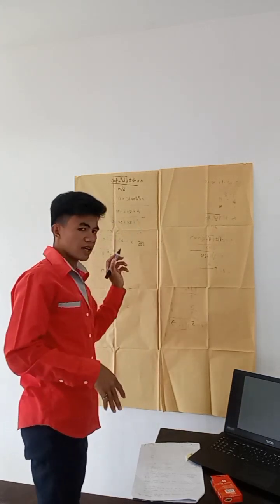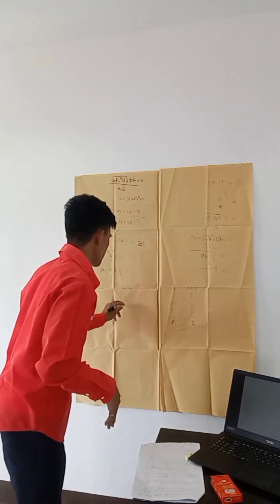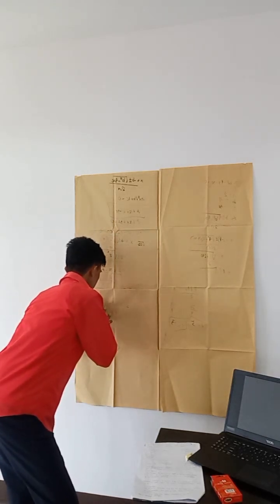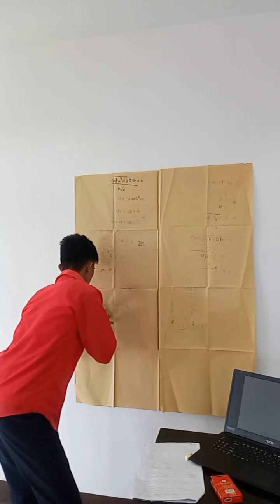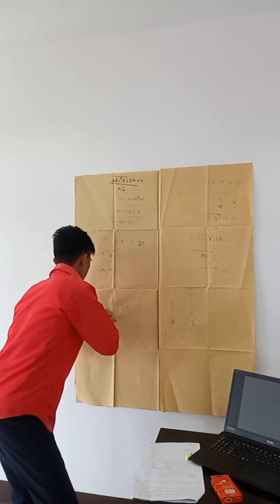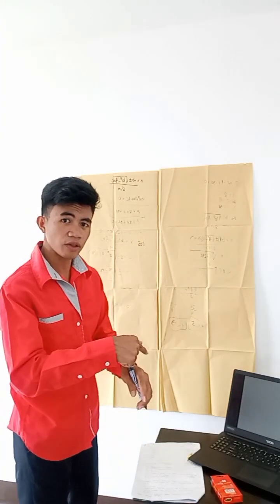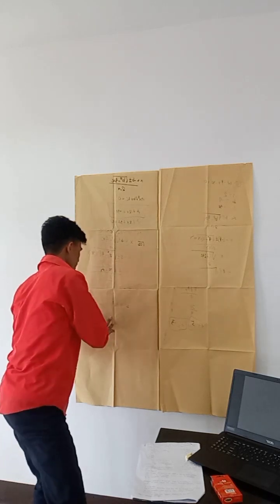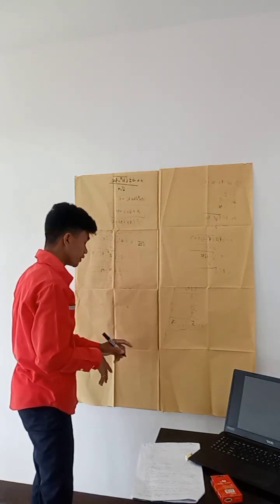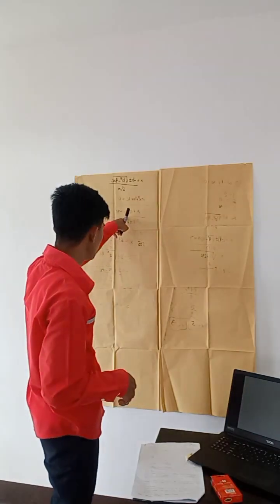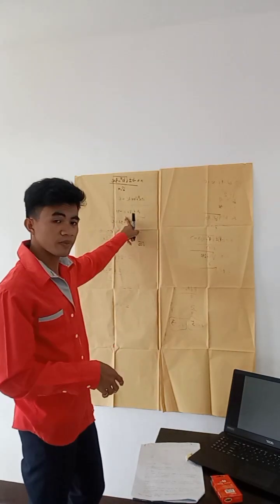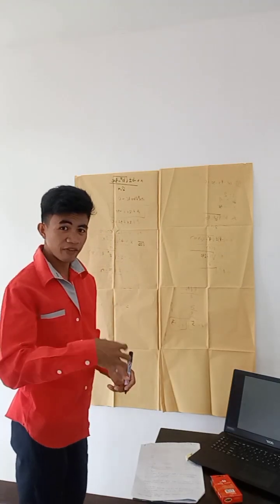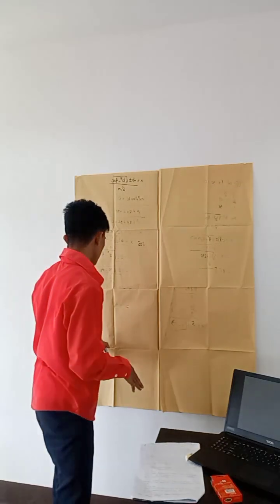Then let's simplify the given result. Negative 12 plus 4 is negative 8, and negative 8 over 2 is negative 4. Therefore, the first value of x is negative 4.